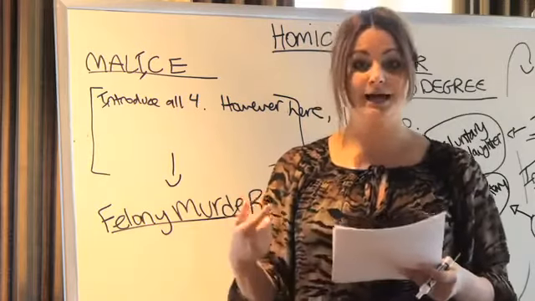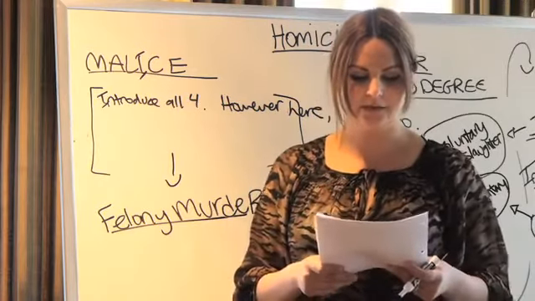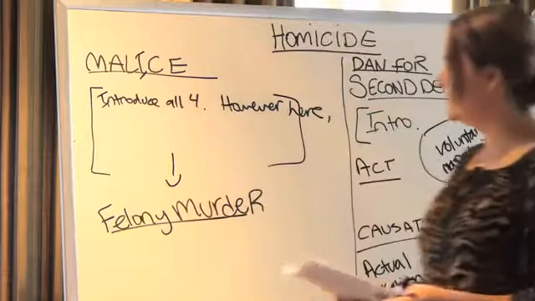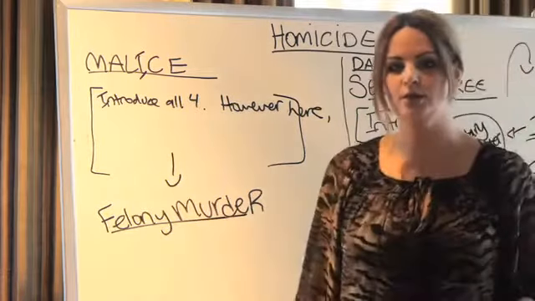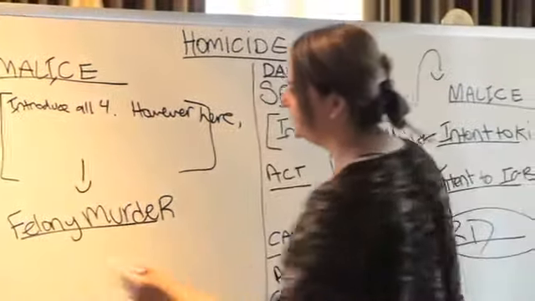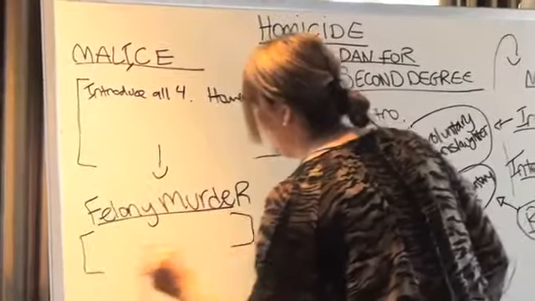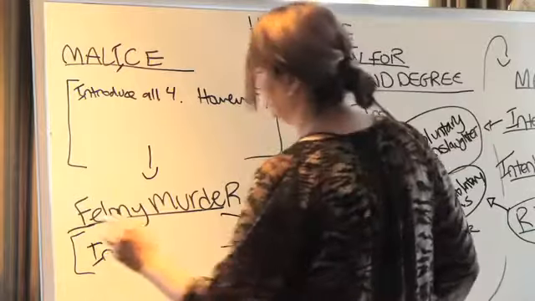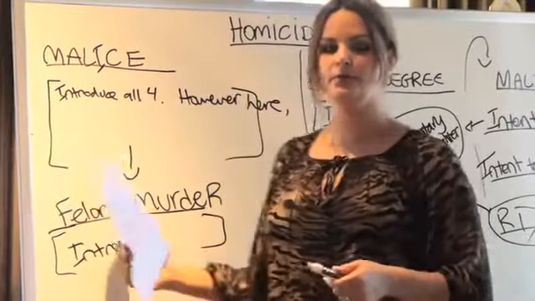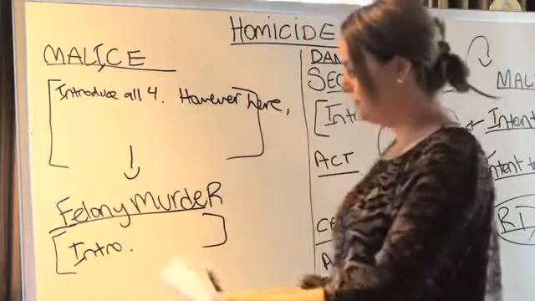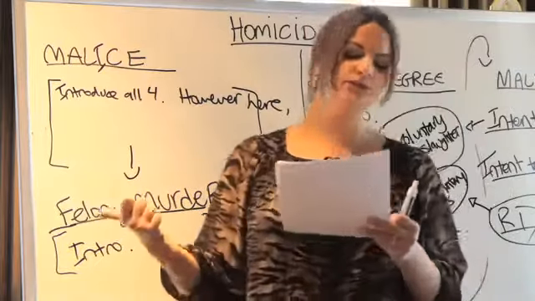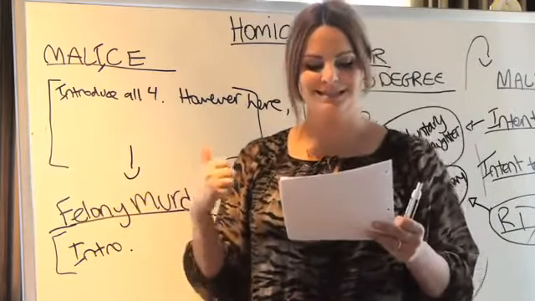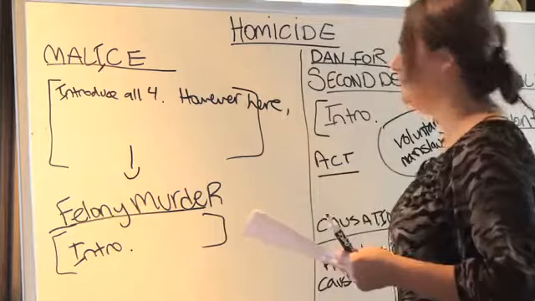Malice is implied by the defendant's intent to commit a felony, and there are several limitations that you have to go into. Go into all of the limitations. So you give your intro, and you always remember that the intent is to commit the felony, not the murder. The murder is subsequent to the felony.